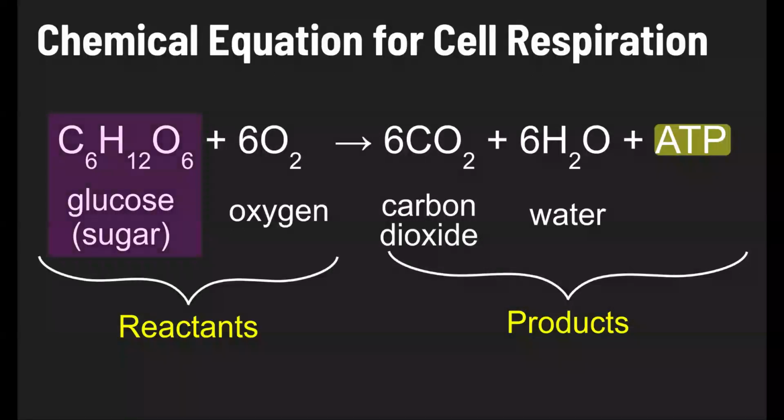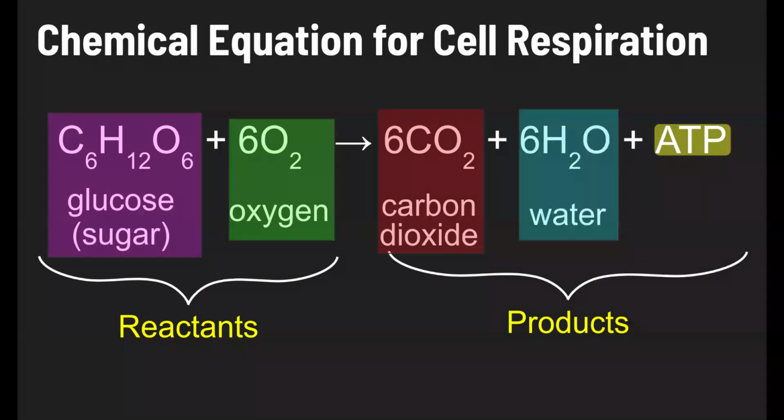And again, think of that ATP like a fully charged battery. This equation shows you what you use in order to create ATP. So there's glucose and oxygen as reactants, and then you have carbon dioxide, water, and ATP as products.